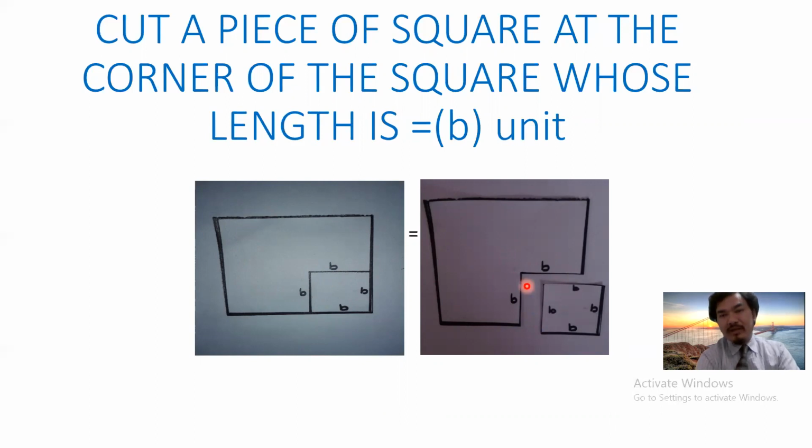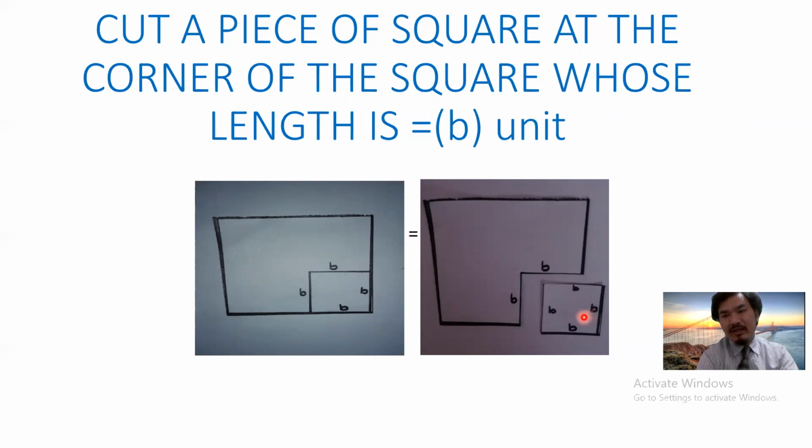What is the meaning of this cutting? Look, before, this big one had area a square. From that, we have now separated this square, whose area is b square. That means from the big a square we have subtracted this b square.